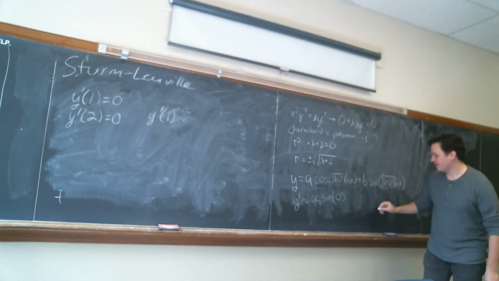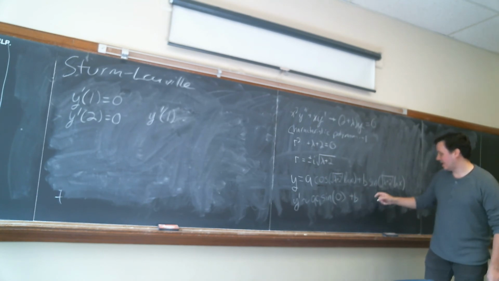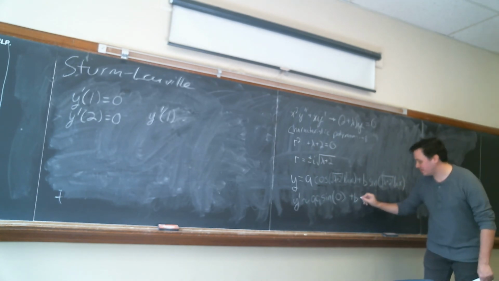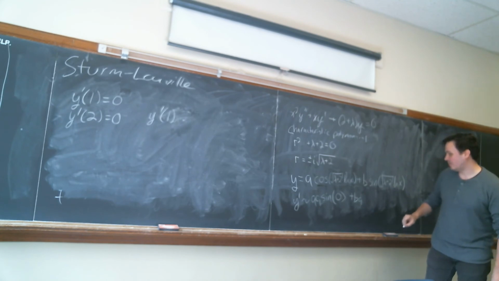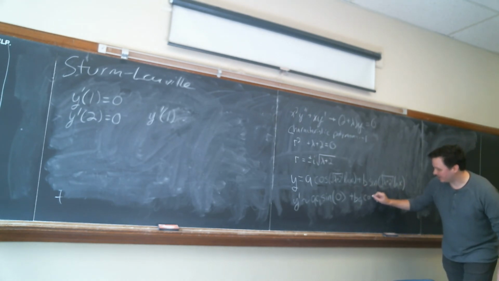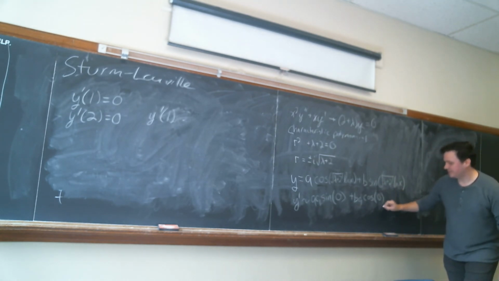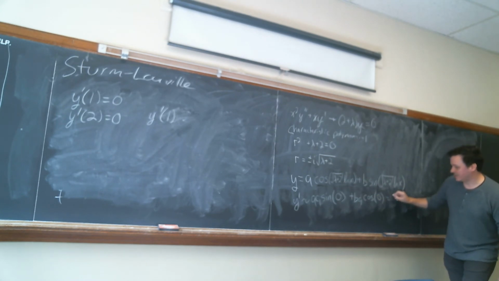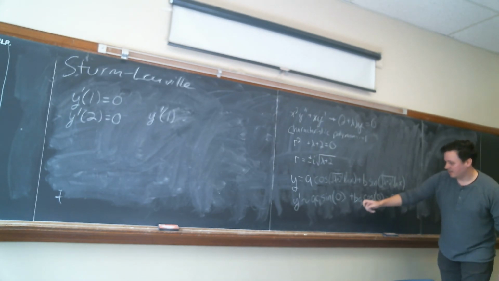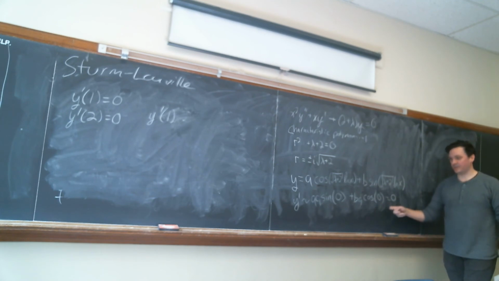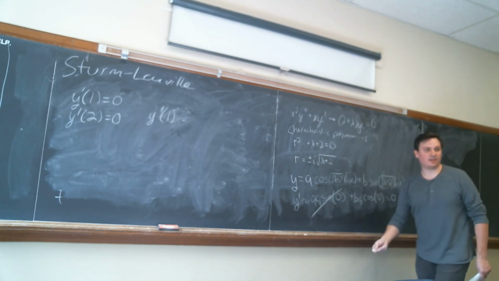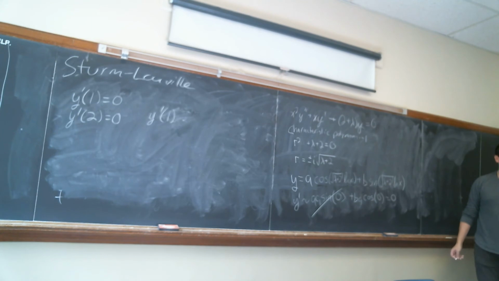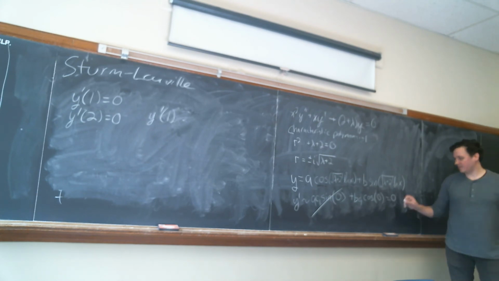So this goes away, and then it's going to be plus b times whatever this stuff is, crap 2, which is actually equal to crap 1, and it's going to be cosine of 0. So this is 1, and that's equal to 0. So we get b must be 0 in order for that to go, because this is already 0. So the least amount of work you can do to solve these things is always what you're trying to do, especially if you're trying to do them fast.